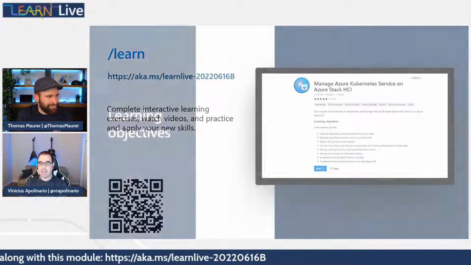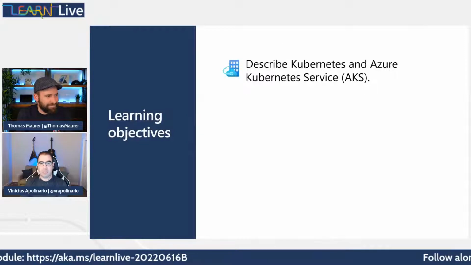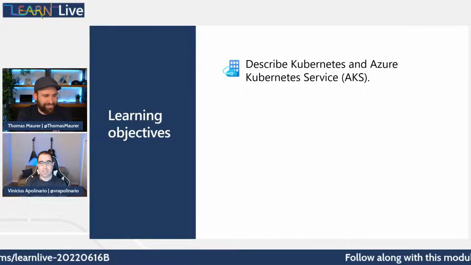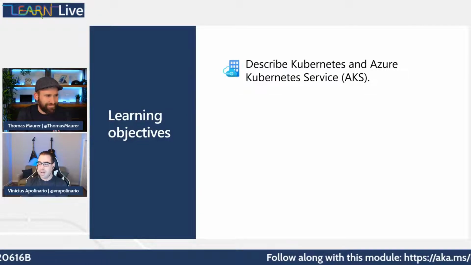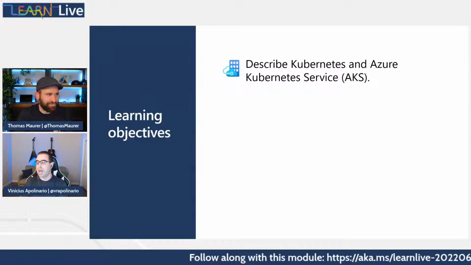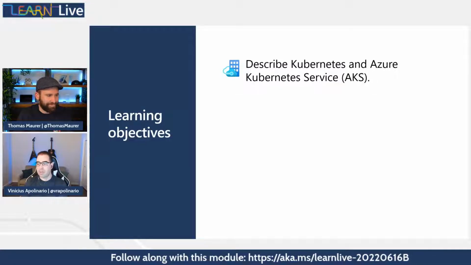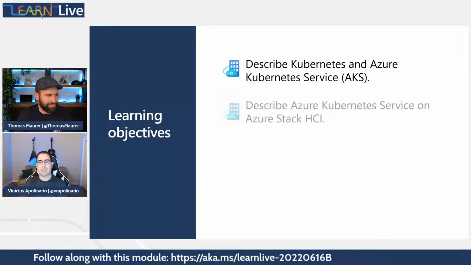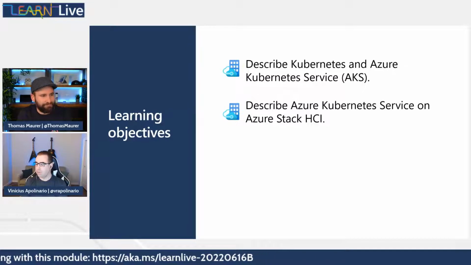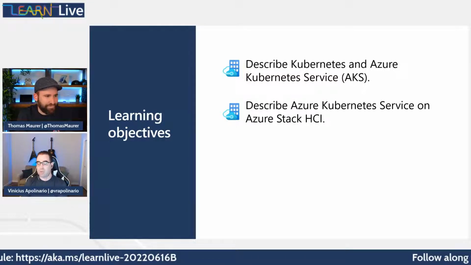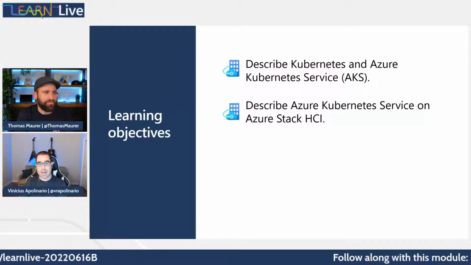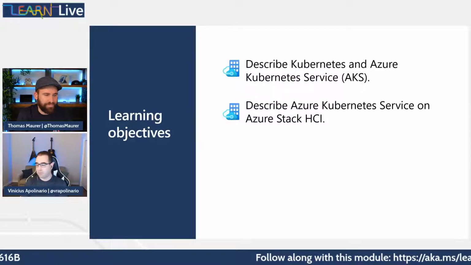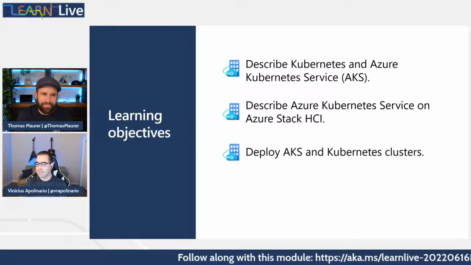And with that, let's actually dive into the learning objectives of this module. So what you're going to take from the module itself. Of course, we're going to describe AKS, or Azure Kubernetes Service, and Kubernetes itself. So if you're not familiar with that, we're going to cover that. We're going to explain Azure Kubernetes Service on Azure Stack HCI, which is our on-prem offer for AKS.